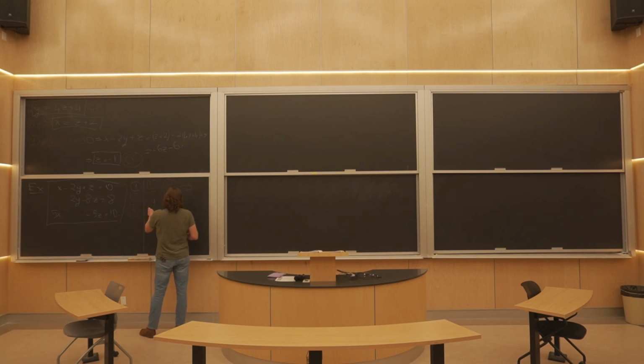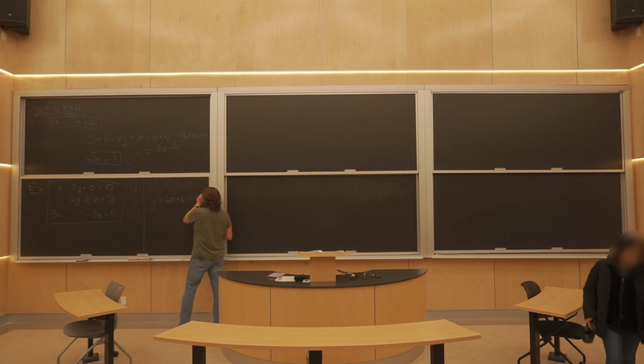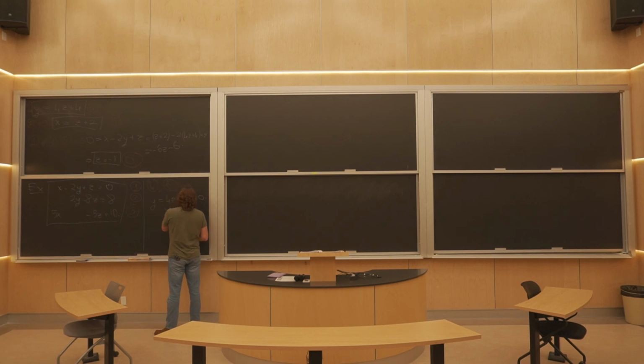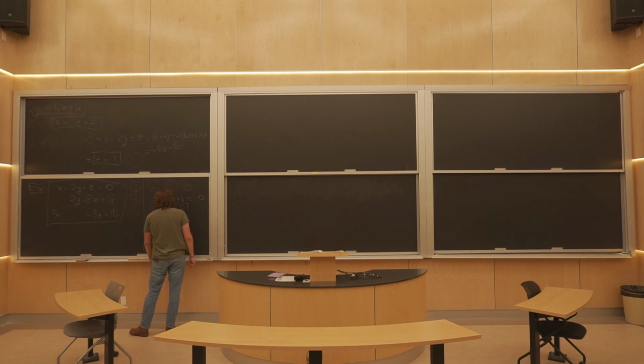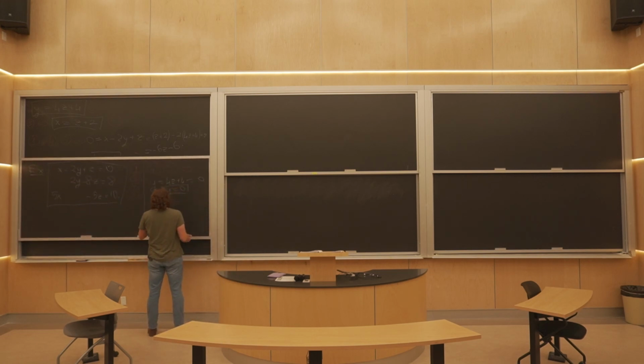So y equals 4z plus 4, but z is minus 1, which means that this is 0. And then if I were to take 5 and 6, x equals z plus 2, but z is minus 1, so that means that x has to be 1.